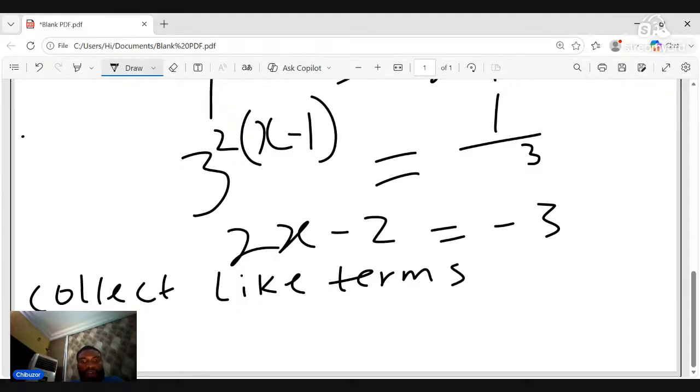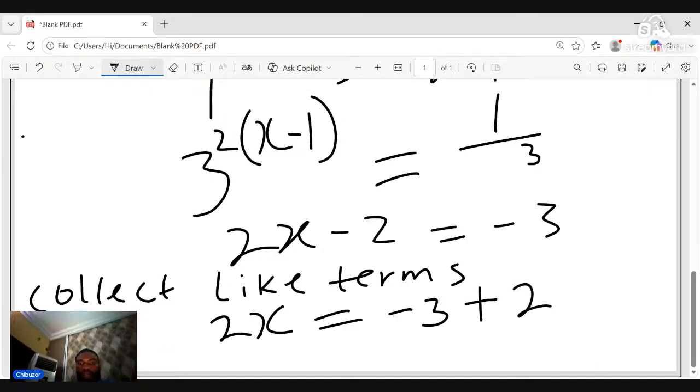This will give us 2x is equal to minus 3. Minus 2 will cross over and become plus 2. So now we are left with 2x is equal to minus 3 plus 2 is equal to minus 1, right?